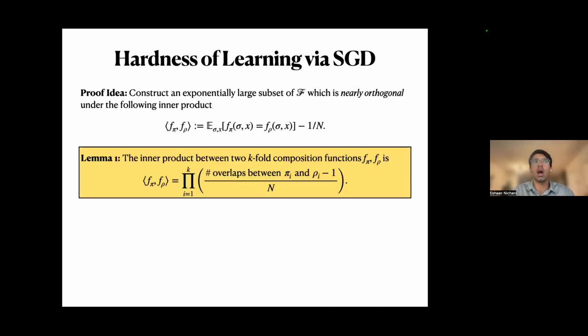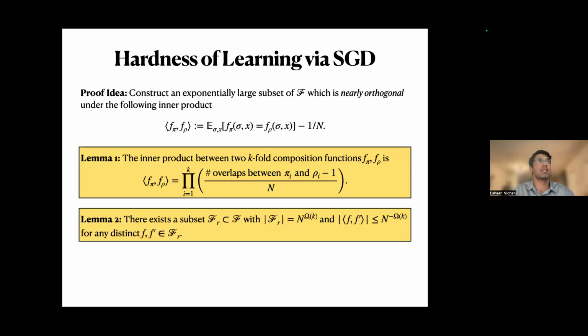So the first thing that we can show is that this inner product just depends on the number of overlaps between the permutations pi I and rho I for each I. Then, given this explicit formula for the inner product, it suffices to construct a subset of script f, which is very large, in this case, grows like n to the k, such that the inner product between any two functions in this subset is exponentially small.